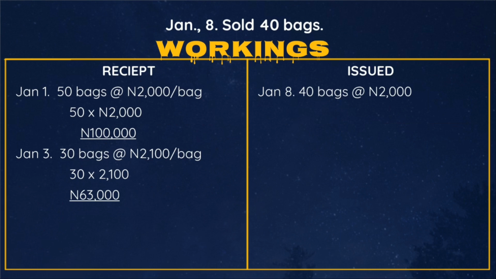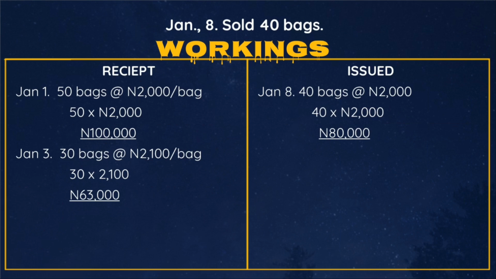If we remove 40 from 50, they will still have 10 bags left at the rate of 2,000. That's why we have 40 bags at 2,000, and 40 times 2,000 gives us 80,000 naira.